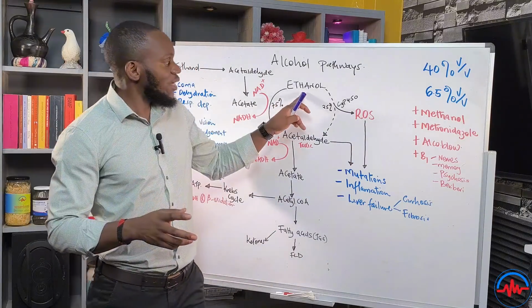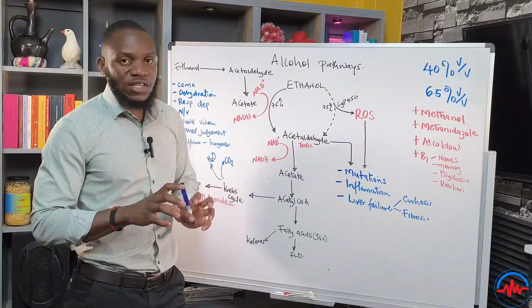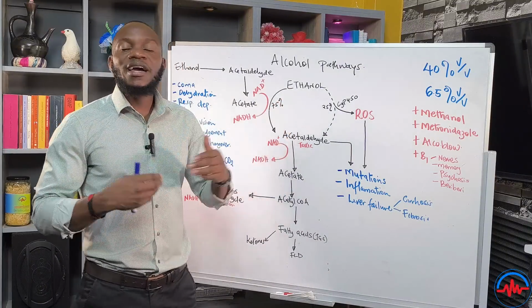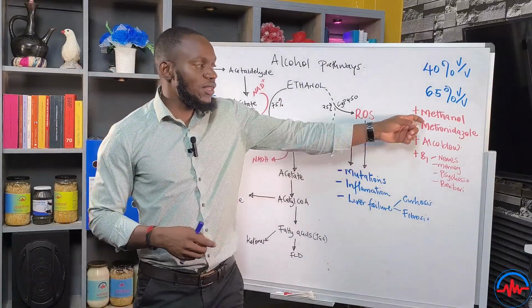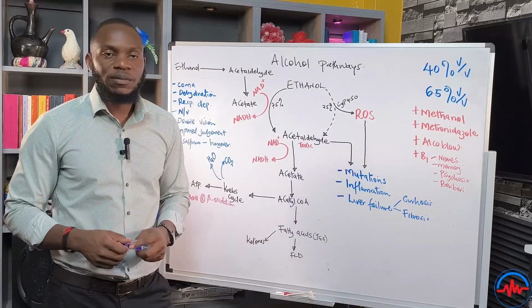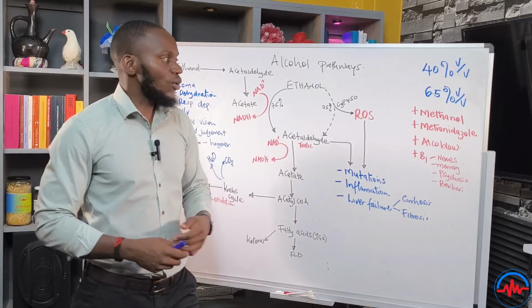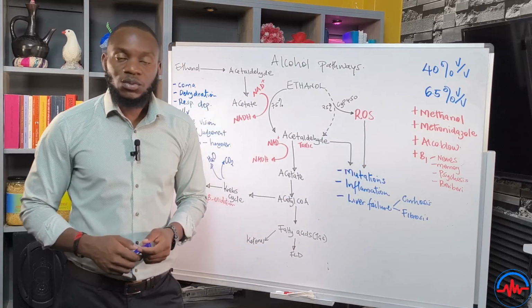Now remember, ethanol and methanol compete for the same receptors. And when they compete, ethanol has higher affinity to the receptors than methanol. So this means if you've drunk methanol and you are being intoxicated by it, the solution is to give you ethanol. That's why you can actually give alcohol to somebody who has been intoxicated with methanol.